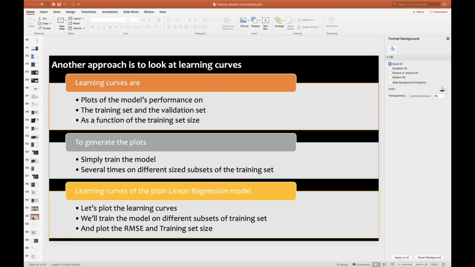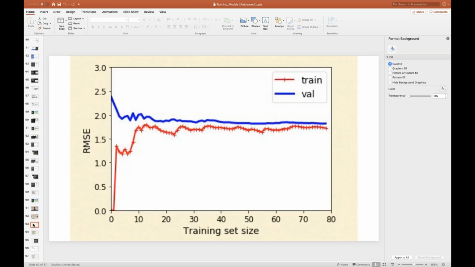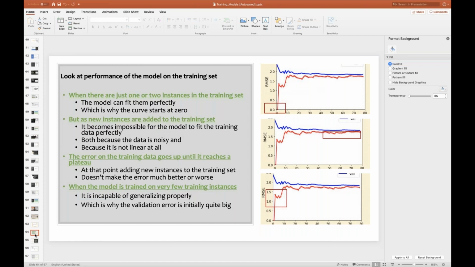Generate a plot and compare the plots. Perfect. Look at my diagram. My red color is training data and my blue color is validation data. How is my training data doing? How is my validation data doing? Okay, let's come to the other diagram here. Look at this.